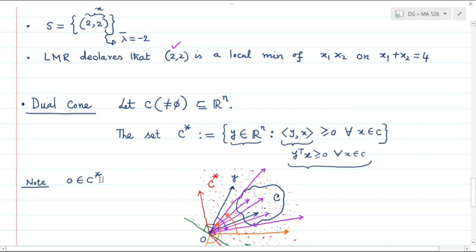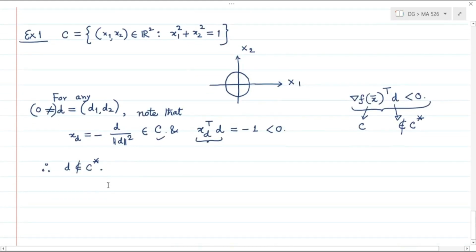And therefore the null vector must always be inside the dual cone, and hence the set C star consists of only the null vector, the origin of the R2 plane.